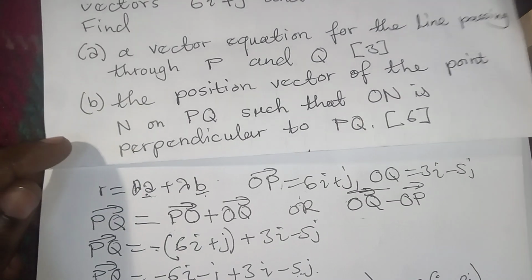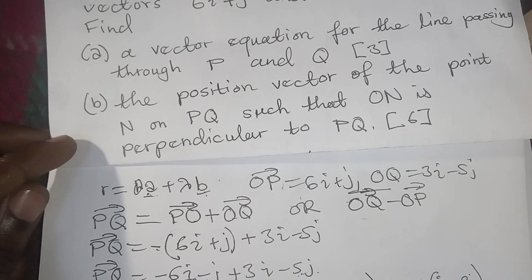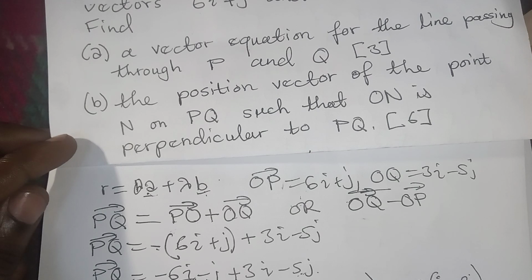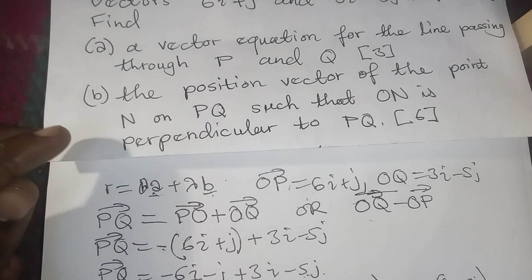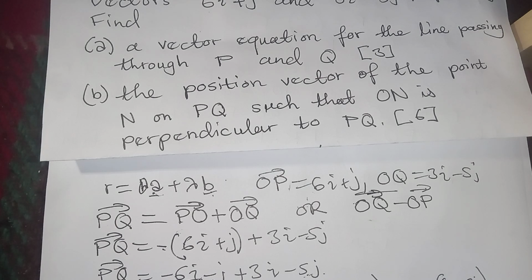On part B, find the position vector of the point N on PQ such that ON is perpendicular to PQ. So to solve this, we can start by finding PQ.